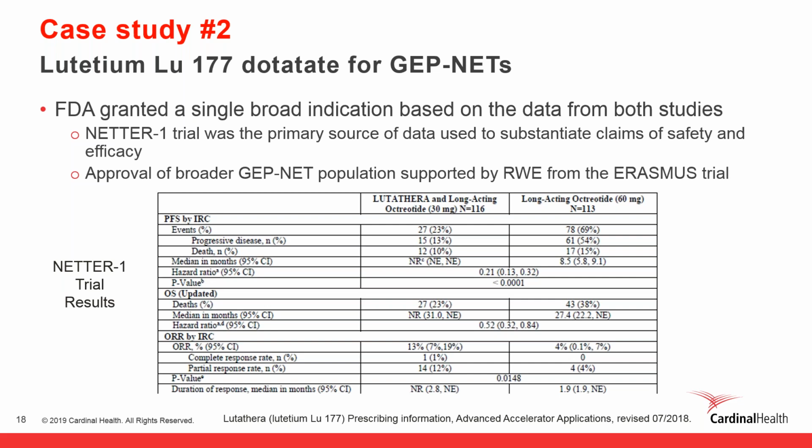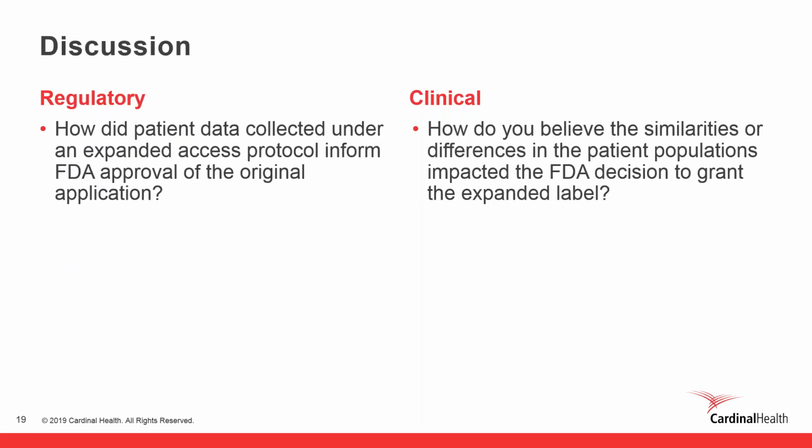So amongst those 1,214 patients treated in the expanded access program, they were able to go back and find 360 patients who specifically had GEP-NETs at those external locations, who also had RECIST-based evaluations conducted, and extract that information to demonstrate the efficacy of Lutathera, not only in the NETTER-1 trial population, but in a slightly expanded trial population as well.